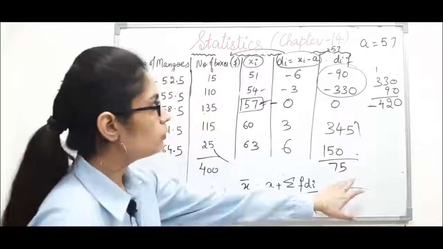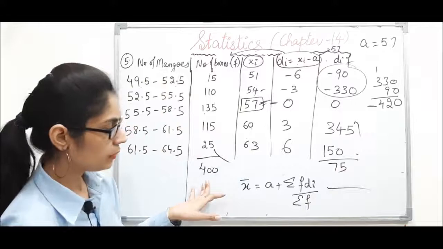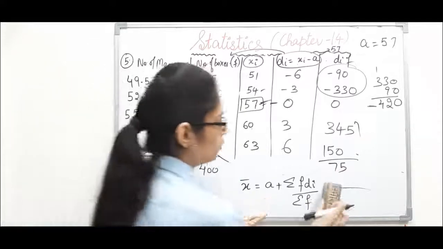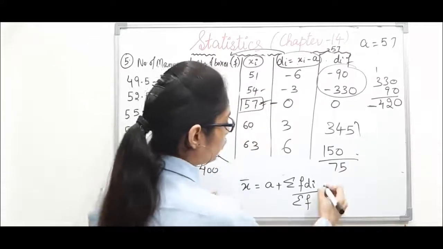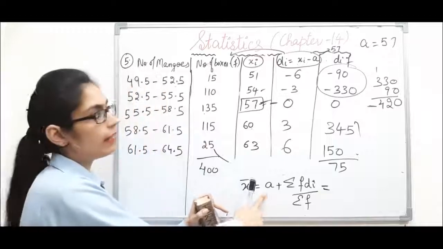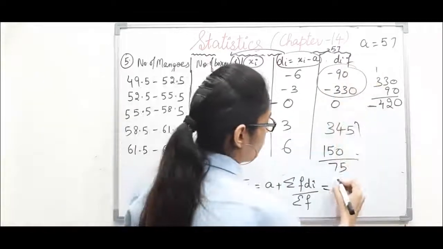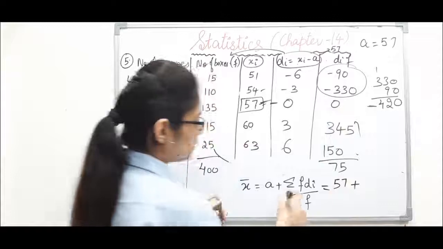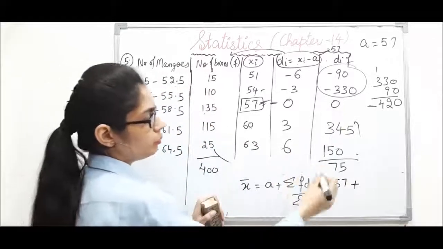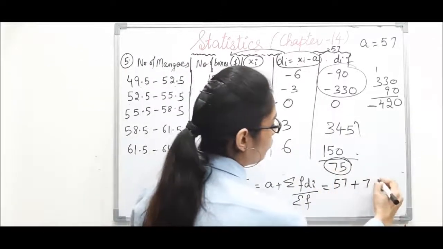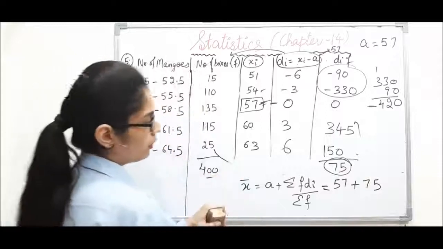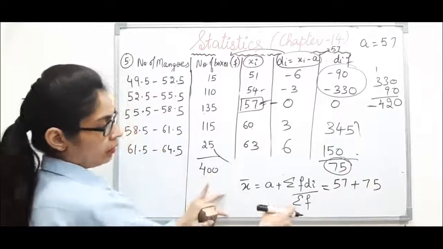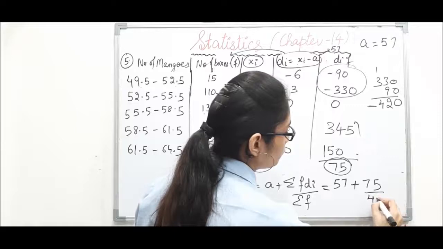Now we have this value also, we have this value also. Let's substitute all the values. Value of A, it is 57 plus summation fdi or df, both mean same, this is 75, and 400. Frequency total, it is 400.